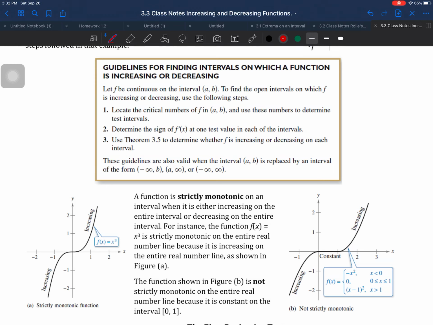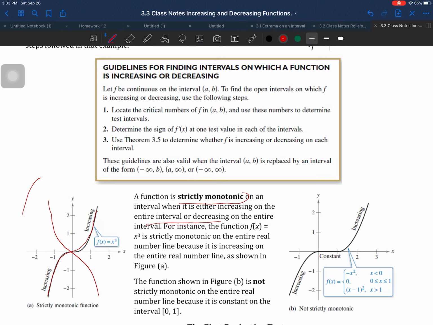A function is strictly monotonic if it's always increasing or always decreasing on the entire interval. If it's always increasing for every single value of x, then it's strictly monotonic. If it is always decreasing, then it's strictly monotonic because it's always decreasing for every value of x.